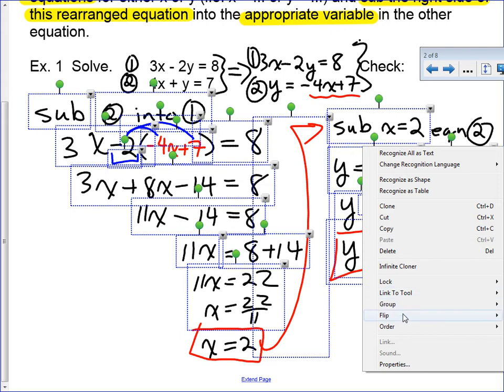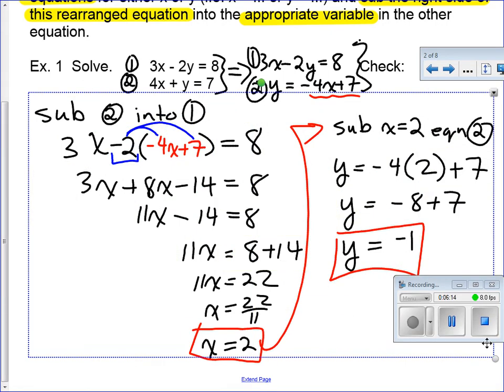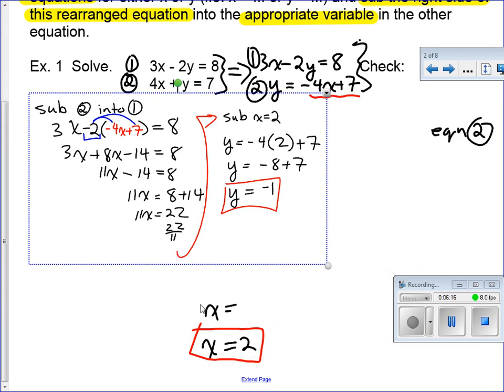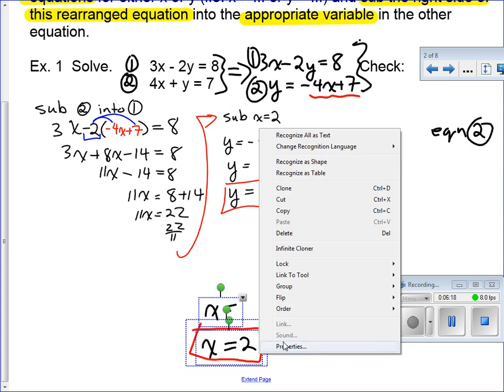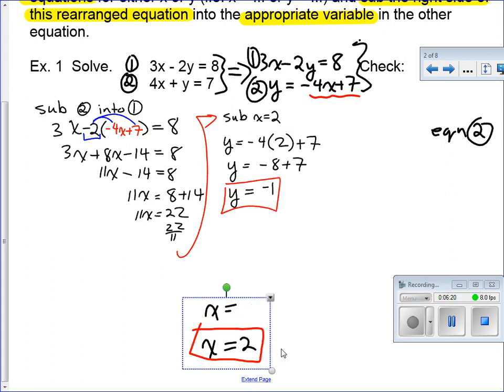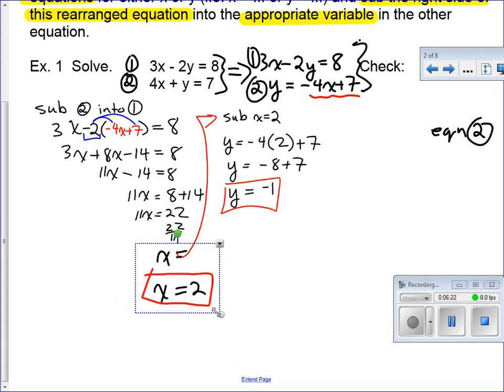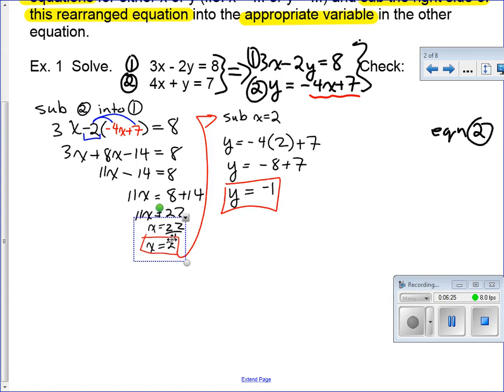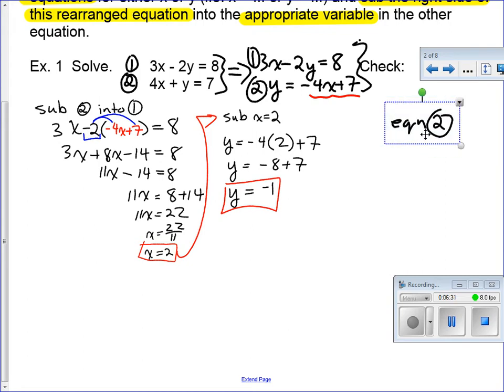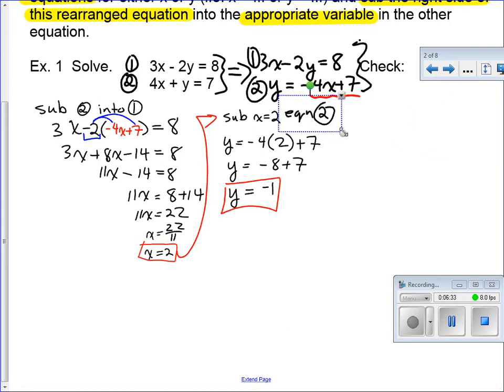Let's group that, and now we'll just shrink it. Now I need you to do the checks for equation 1 and equation 2 with x equals 2 and y equals negative 1.